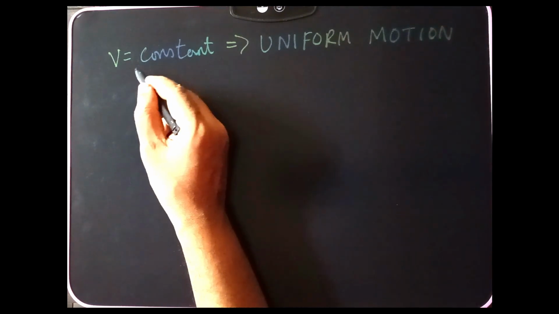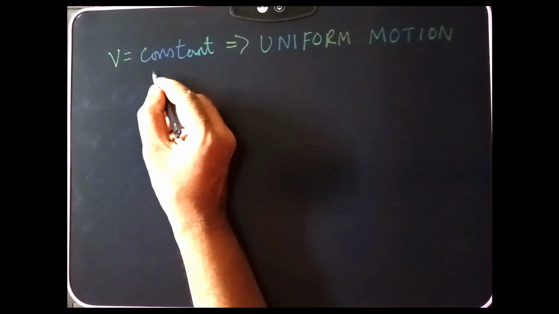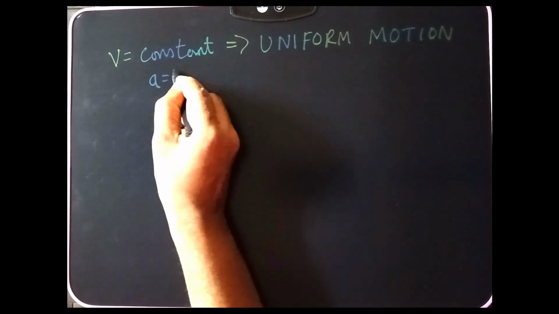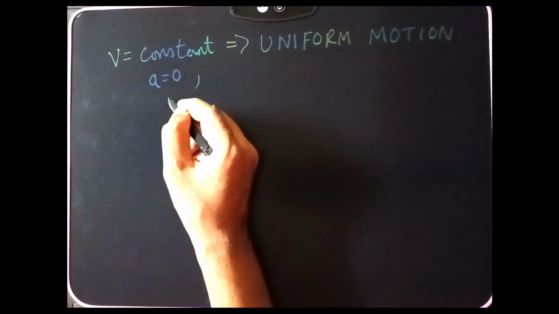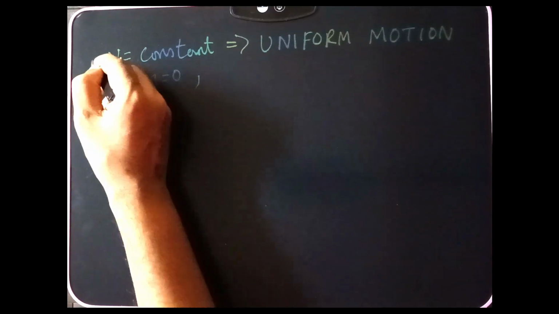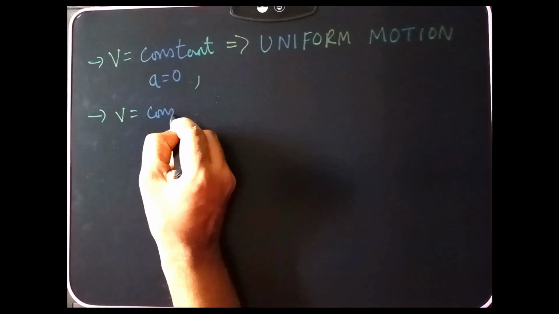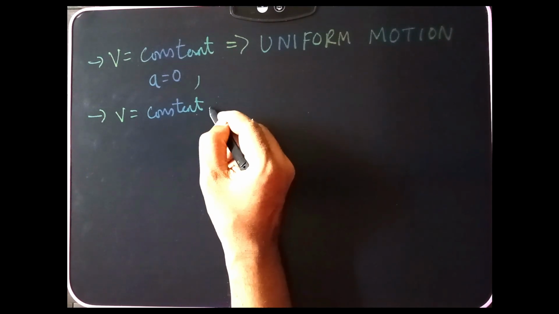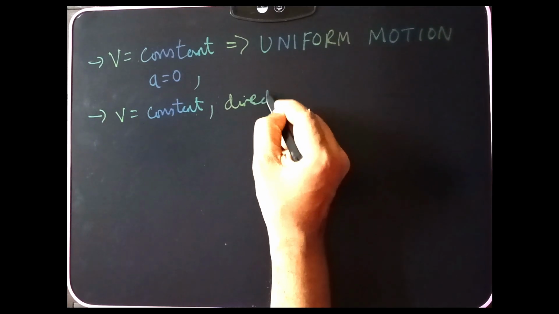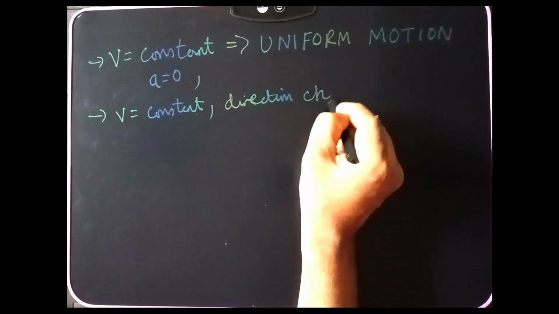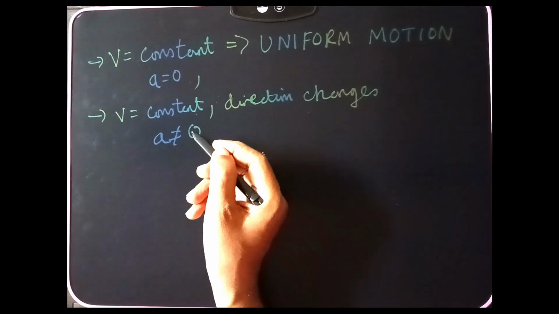In this particular case, when velocity is constant and there is no change in direction, then acceleration will be zero. But if velocity is constant and direction changes, then acceleration is not equal to zero.